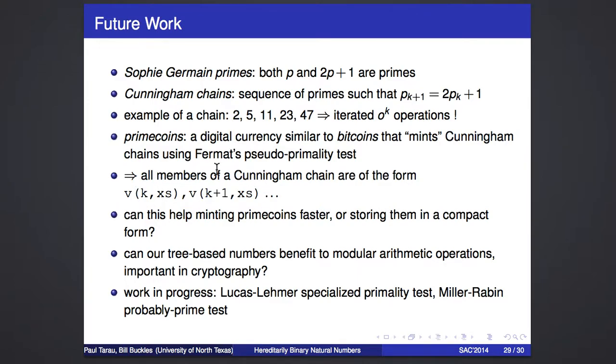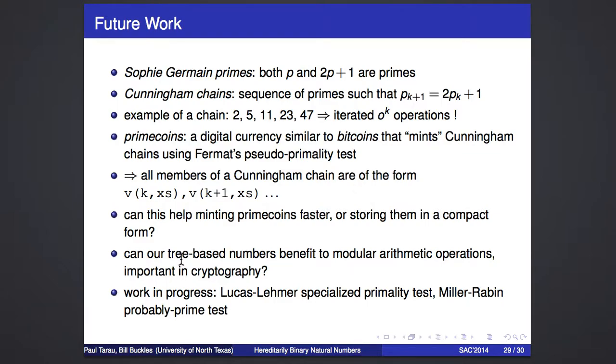So they are kind of specific representations using our notation, and they have a lot of subterms to share. So definitely a compact representation is possible for storing Cunningham chains. It's also very interesting to see if some computations for finding such chains, especially very large ones, are easier by using our operations than conventional arithmetic, but this is an open question.